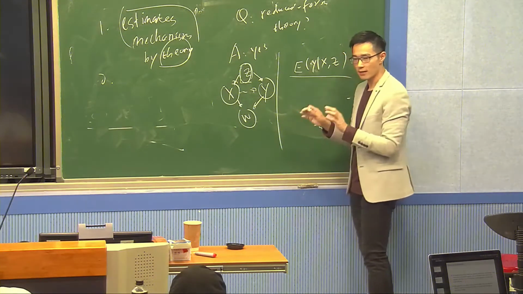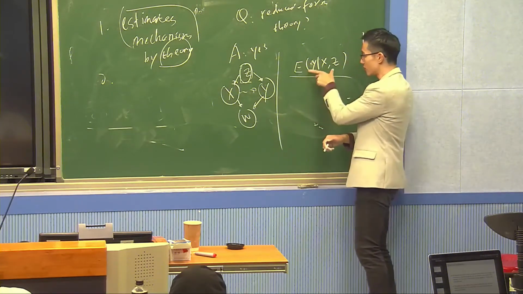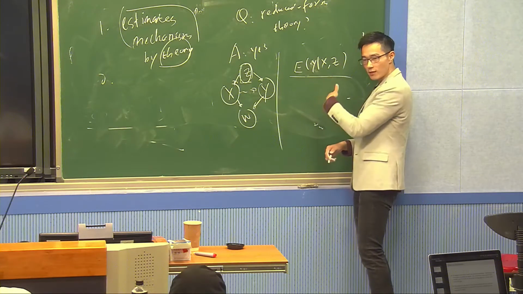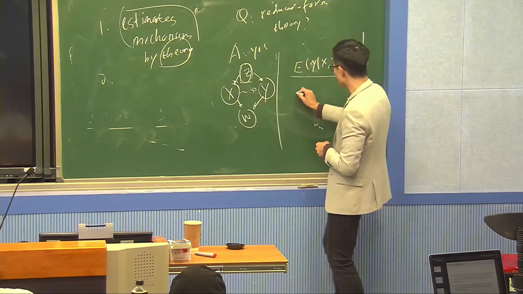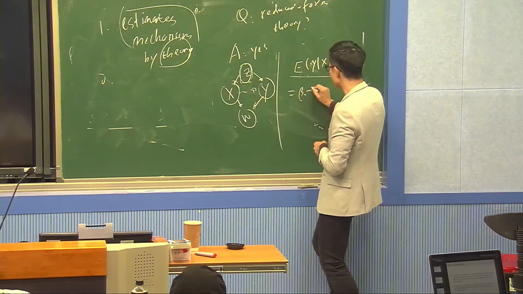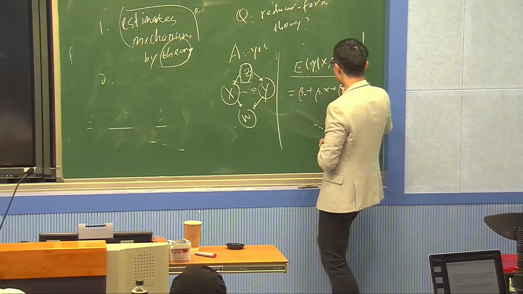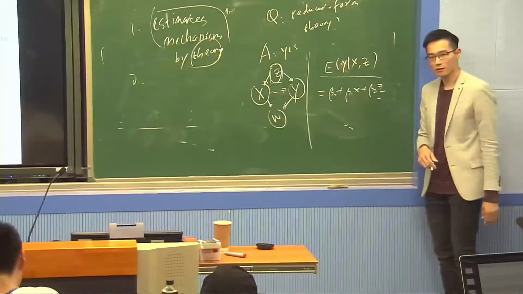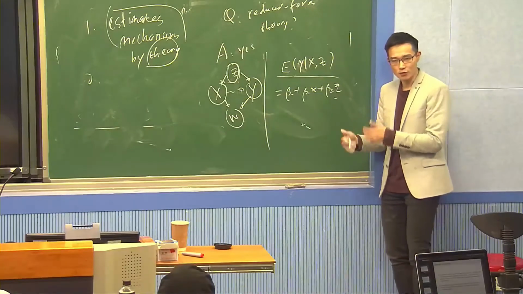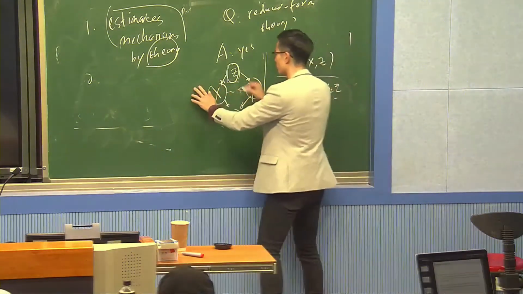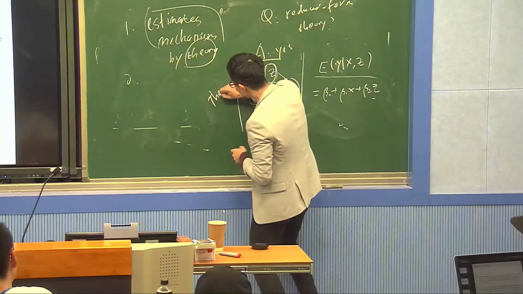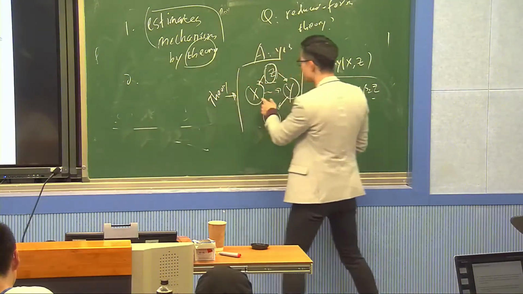The second stage is let's pick a statistical model to describe this object. What is this statistical model we pick? It can be anything. It can be y equals beta 0 plus beta 1 x plus beta 2 z. So this is a typical reduced form approach where we use the theory. This is our theory.